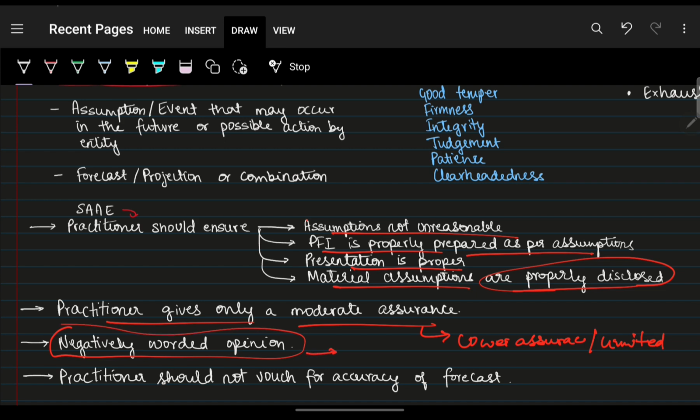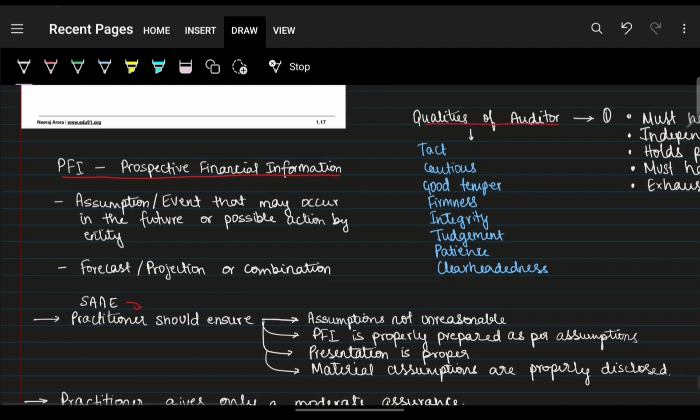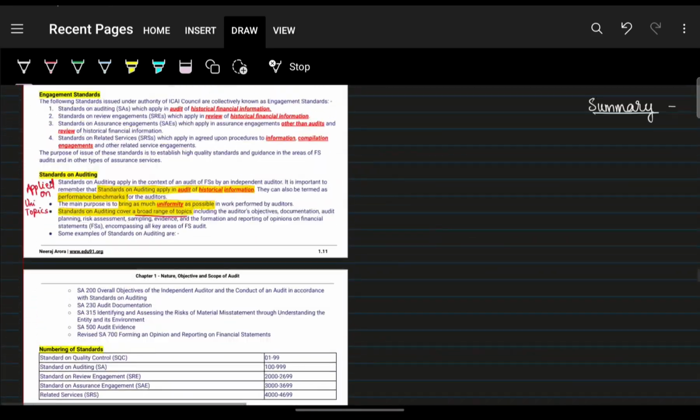Again, it says nothing was found in this prospective financial information that led us to believe that the assumptions or the fact that this is unreasonable or unattainable, something like that. Okay. Next, practitioners should not vouch for the accuracy of the forecast. Okay. So this is basically regarding prospective financial information. Okay, we just read it from here actually once.